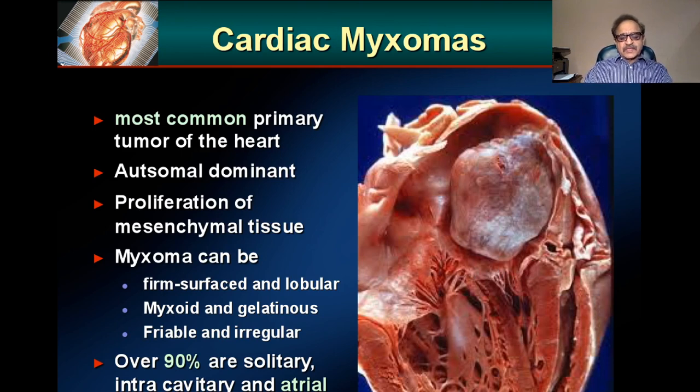The myxomas can also arise from the right atrium, less commonly the right ventricle, and least commonly the left ventricle. The commonest is the left atrial myxoma, and 90% of the cardiac myxomas are solitary.